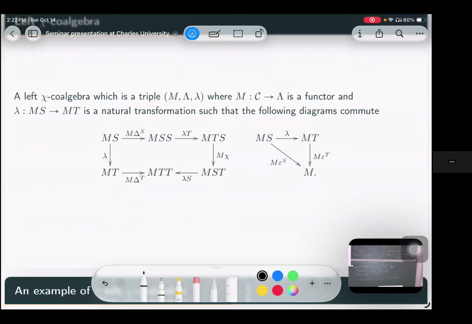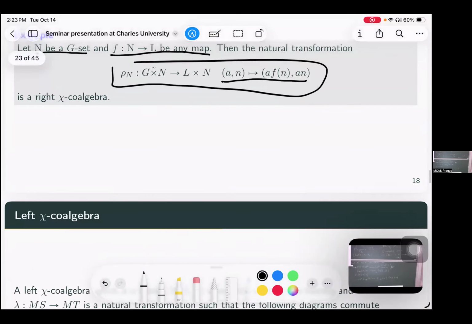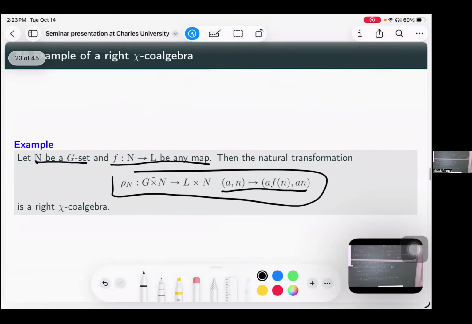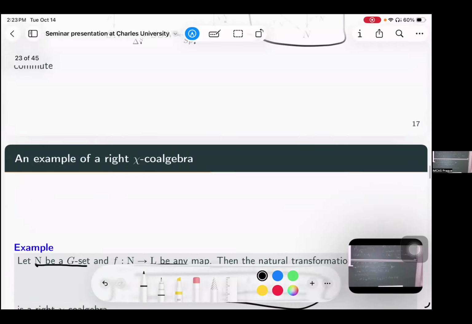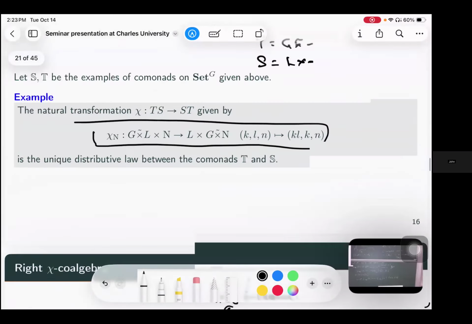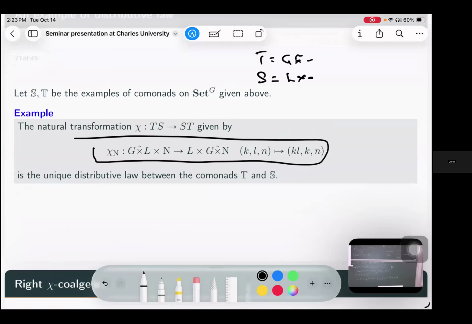Then we have what we call a left chi co-algebra. Again, this is a... John, could you go, sorry, John, could you go one slide up? Yes, to this slide here. So the chi here that you have in this example is the same chi that you had in the previous one, that is just flipping and kind of you duplicate and then act on the first one or something? Yes, here, yes. Okay. Yes.